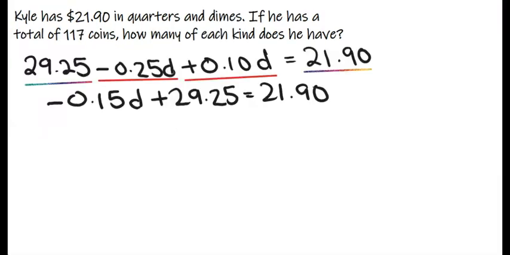To solve this equation, we'll have to bring positive 29.25 onto the other side of the equation by subtracting it. If we subtract 29.25 from this side of the equation, then we'll have to do it on the other.